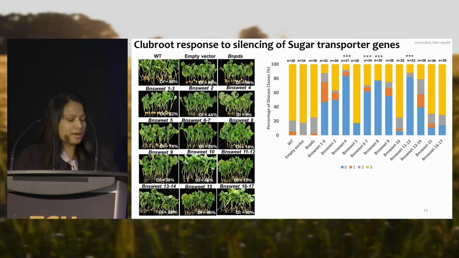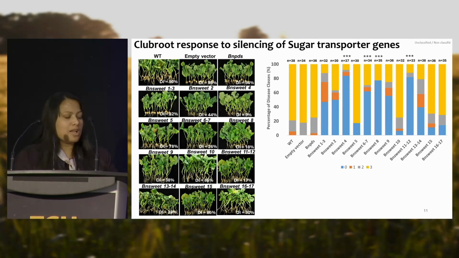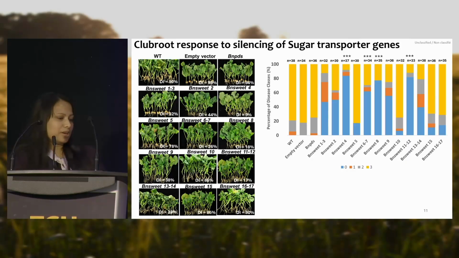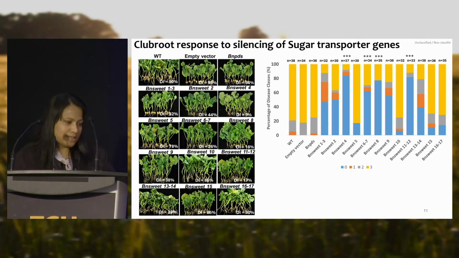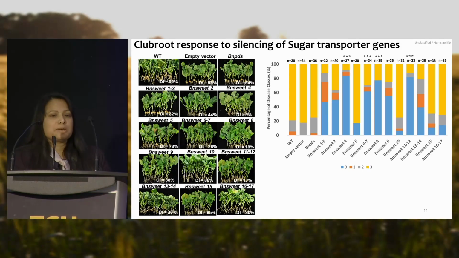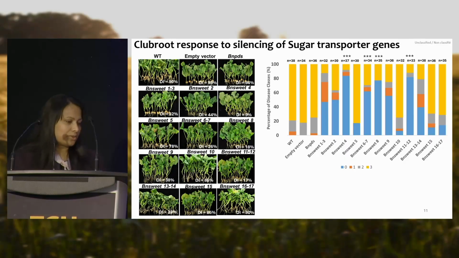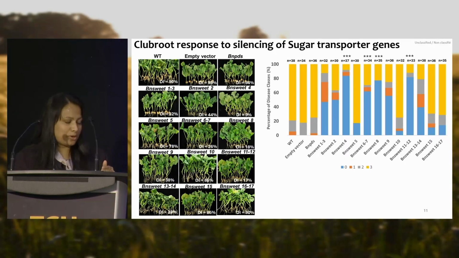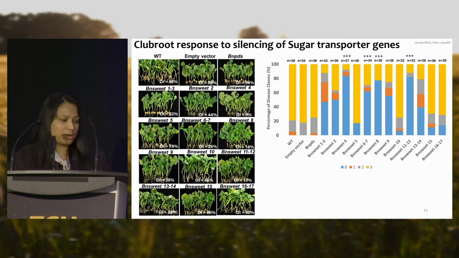So then we silenced some sugar transporter genes. In Brassica, there are 17 isoforms of SWEET genes. We have individually silenced them, and you can see from the image and graph that silencing of several SWEET genes reduced the gall formation of clubroot.